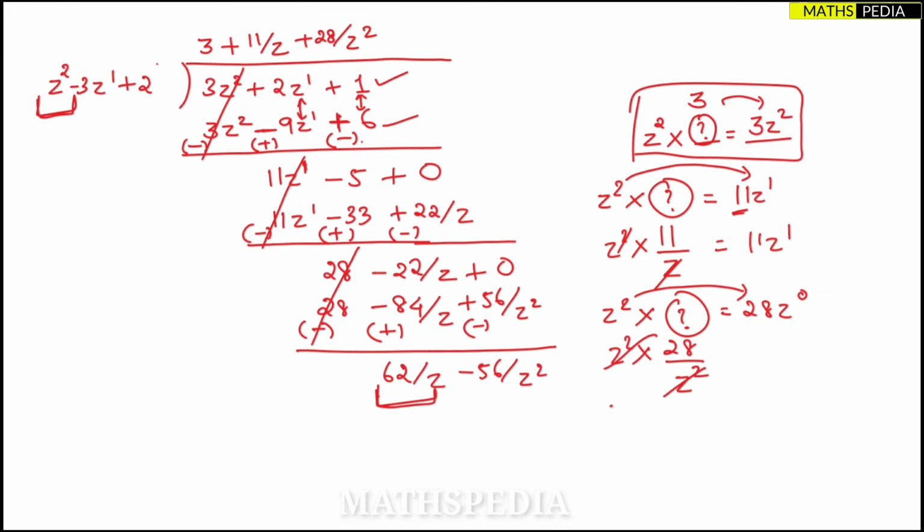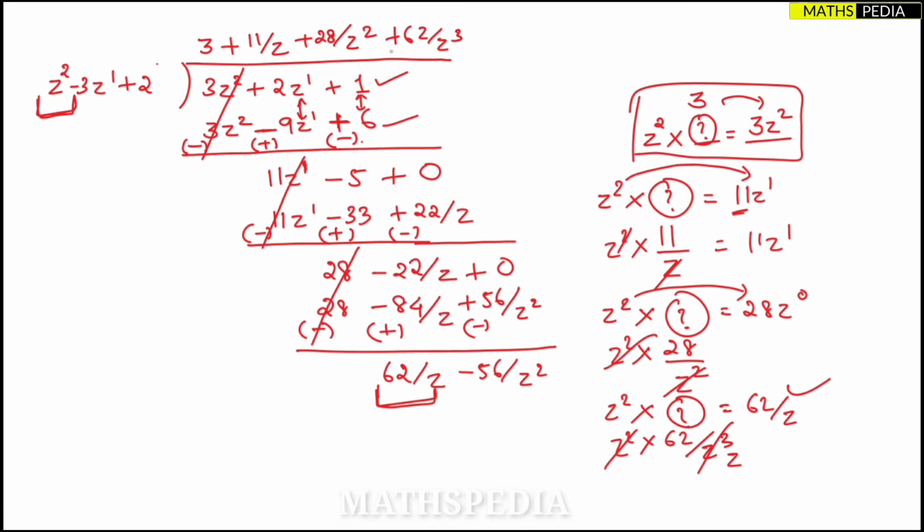Okay, so z square into what will give me 62 by z, right? This is a question. So 62 should be there, divided by z cube I should bring, because z square into 62 by z cube, z square and z cube get cancelled, so 1 z is remaining, so I'll get 62 by z. So it is nothing but 62 by z power 3.